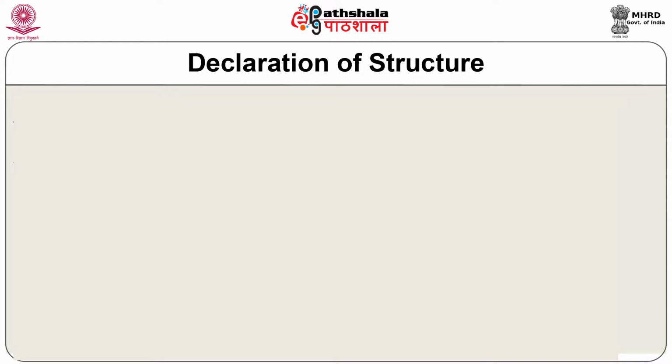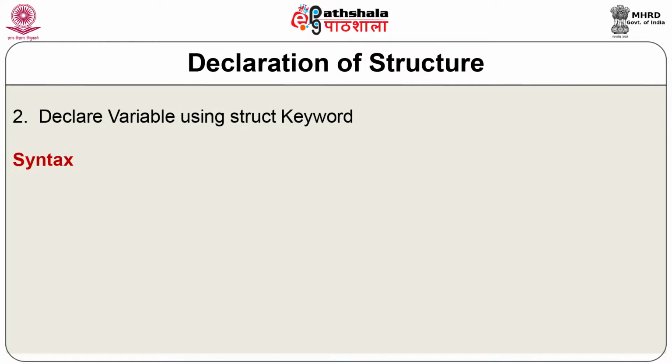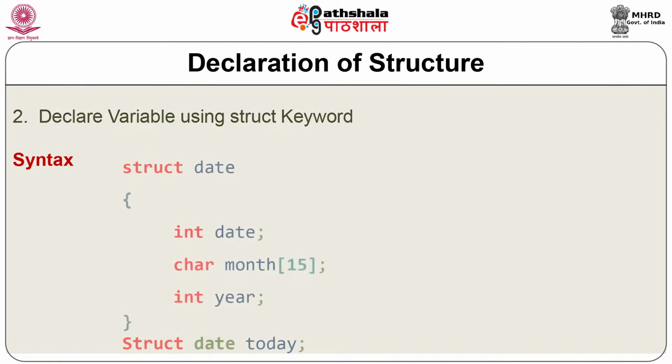Let us see the second type of declaration, that is declaration of a variable using the struct keyword. In this syntax, you can see struct date. Under this, we are using various fields like date, month and year. There are 3 fields.